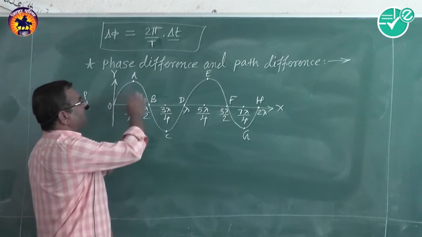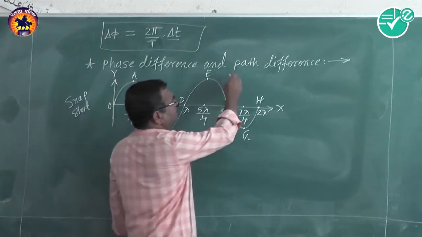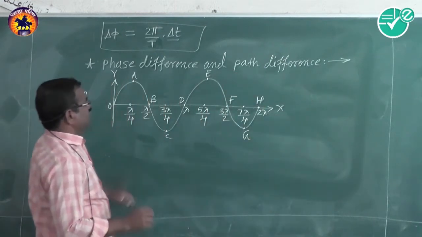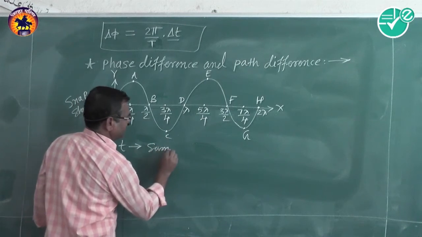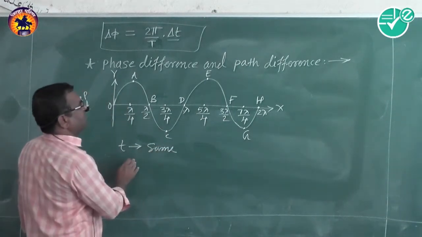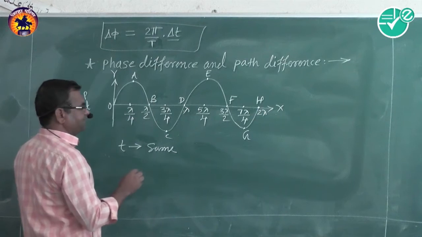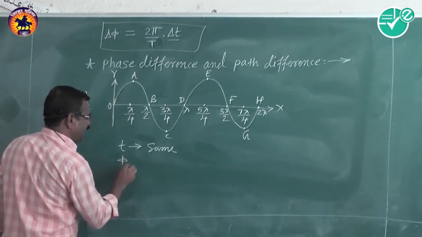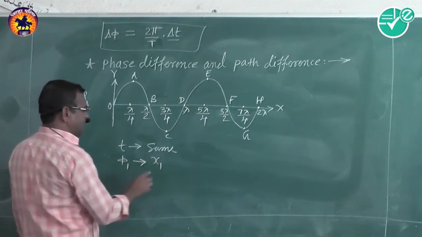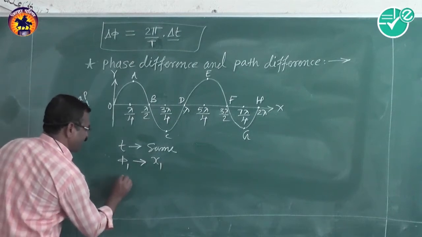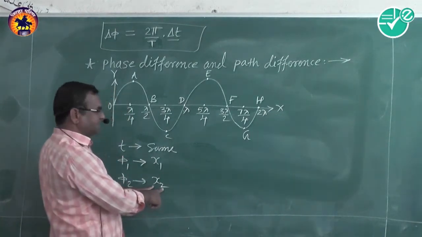Then we observe that the particles are present at different positions and they have different path differences. Here the time t is the same, but the phase for different particles differs. We consider phi 1 as the phase for the x1 particle at the same time t, and phi 2 as the phase for the second particle which is present at a distance x2 from the origin.